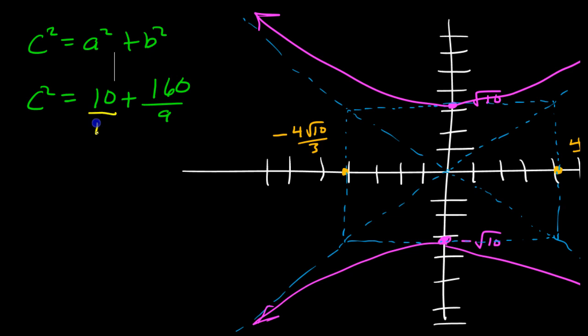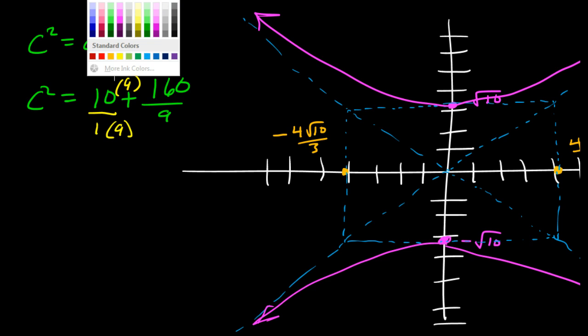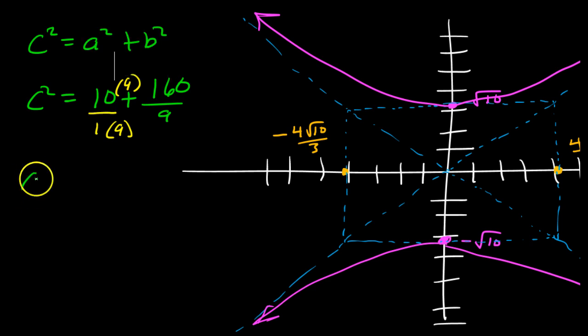Okay, I'm going to need like denominators here, so I'm going to have to multiply by 9. So this is going to give me c squared is equal to 90 over 9 plus 160 over 9.